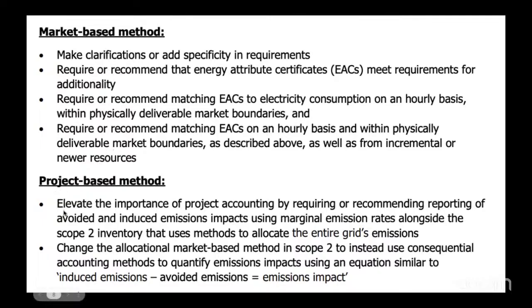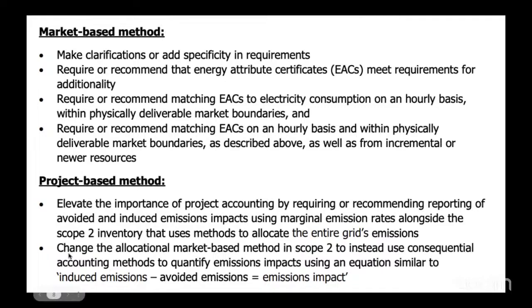Project-based method: elevate the importance of project accounting by requiring or recommending reporting of avoided and induced emission impact using marginal emission rates alongside the Scope 2 inventory that uses a method to allocate the entire grid's emissions.